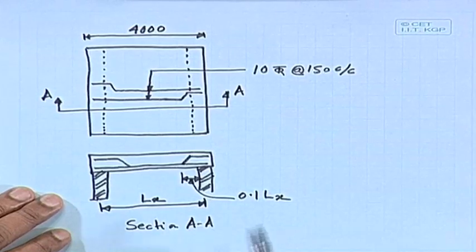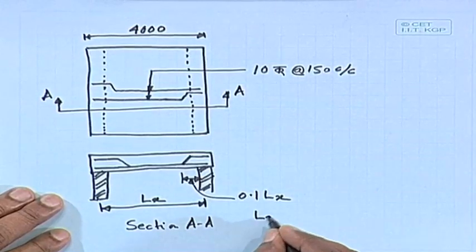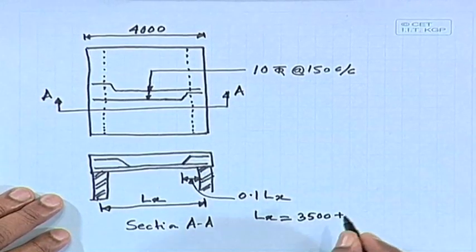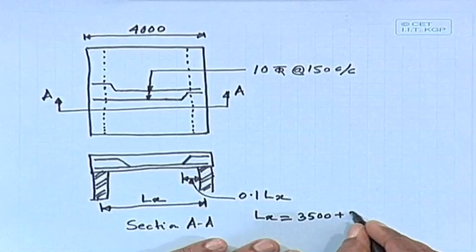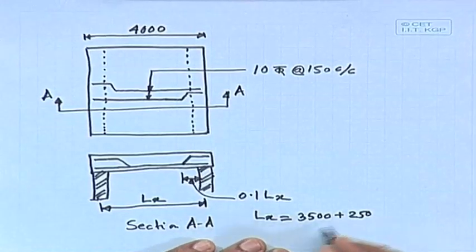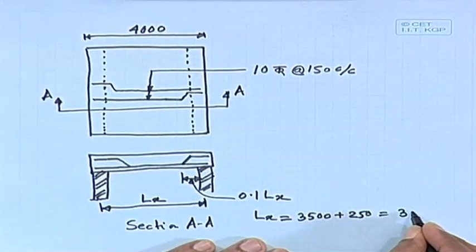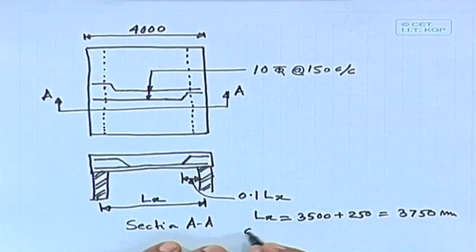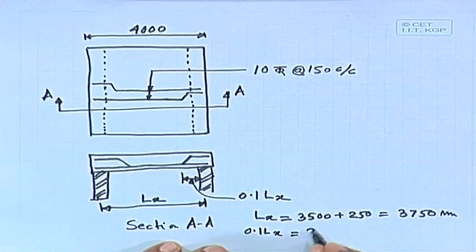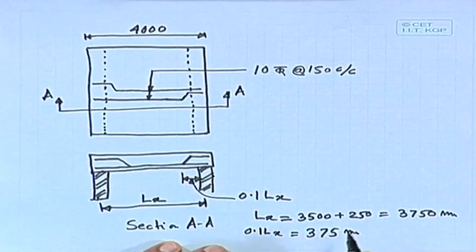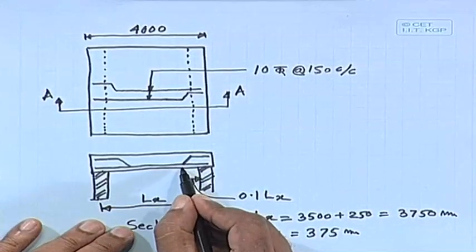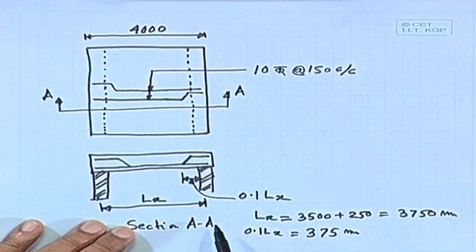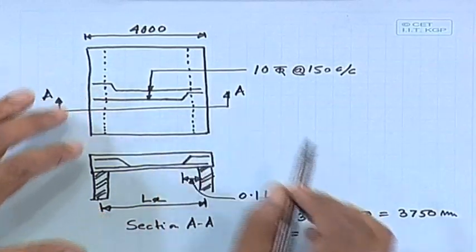So, in our case Lx equal to 3500 plus 250 center to center, which comes as 3750 millimeter. So, 0.1 Lx equal to 375 millimeter. So, from the end of the support you will crank at 375 millimeter, and on both sides you will do it like that.